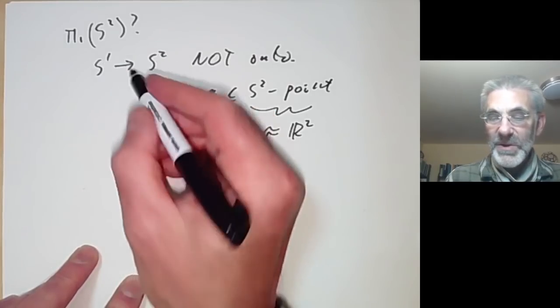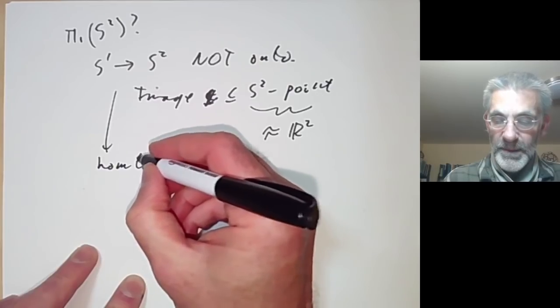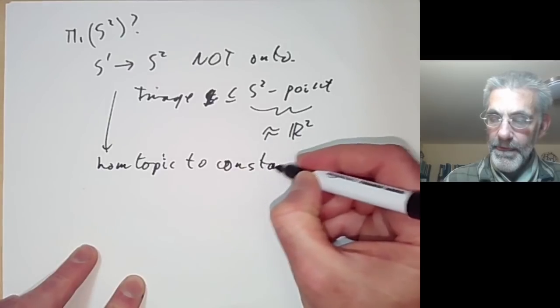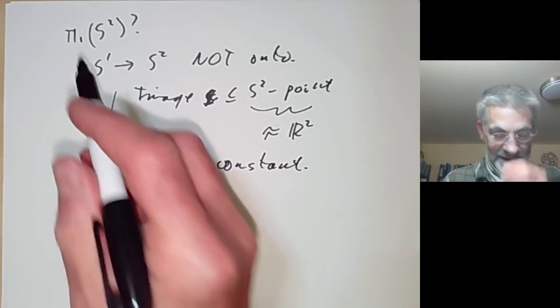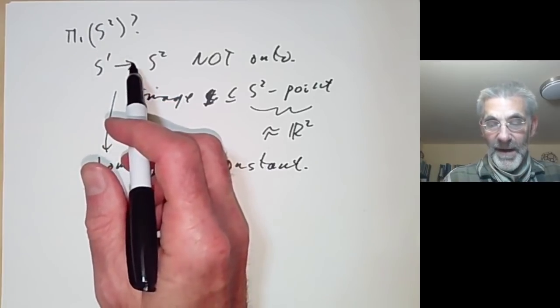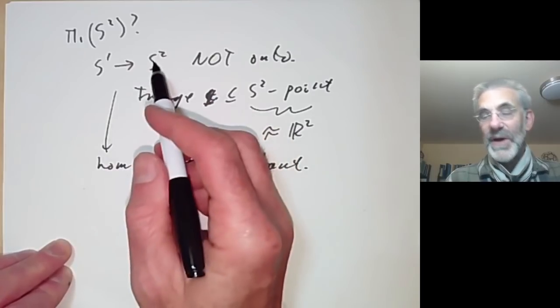So if this map is not onto, then it's homotopic to a constant map. And at first sight, this seems to say the fundamental group of S2 is trivial, because S1 is one-dimensional, so its image can't be a two-dimensional set.